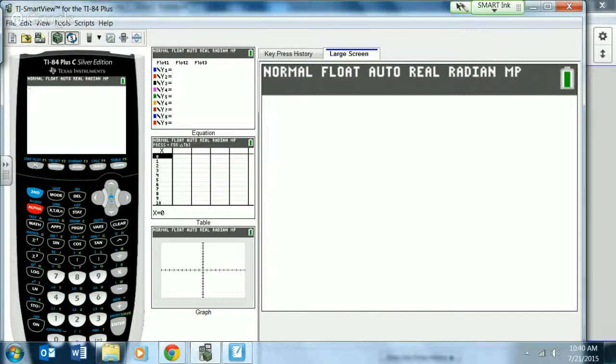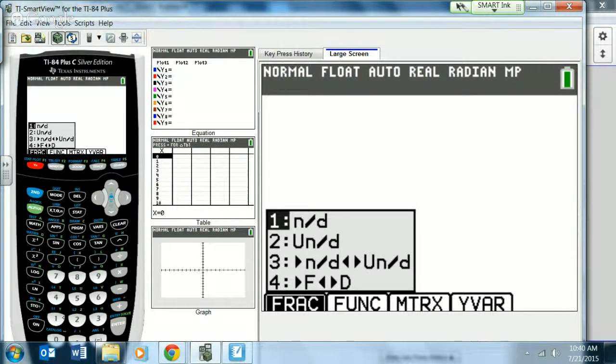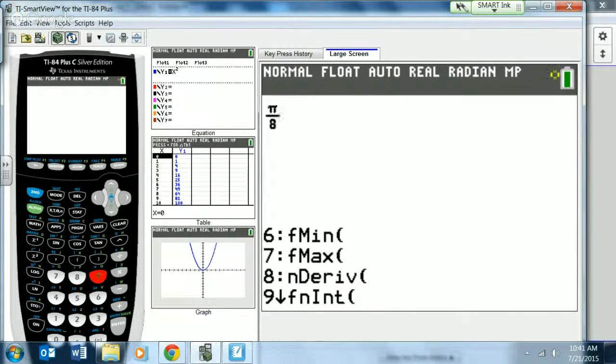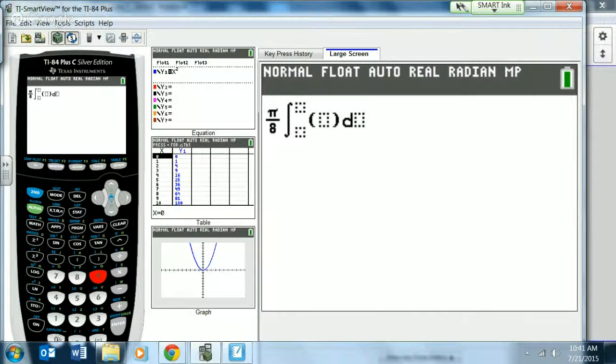It was pi over 8 times the integral, math 9, from 0 to 1 of f of x squared, right? And we put f of x into y1.